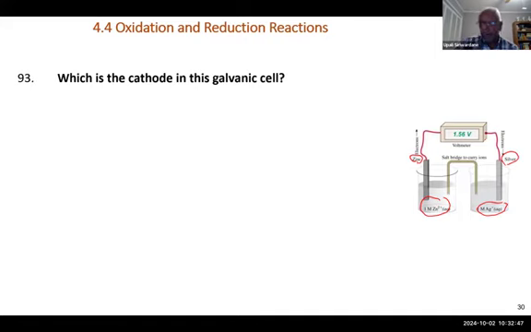You use the same anion as a spectator ion. This is the oxidation half reaction. Remember the previous slide. Reduction half reaction here. That's the anode. That's the cathode.